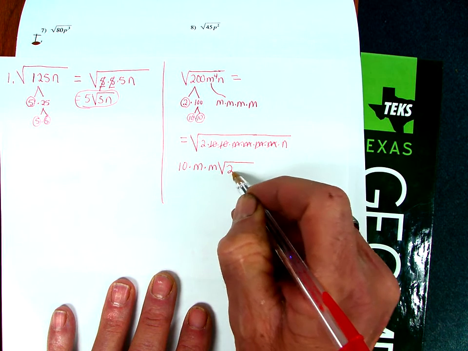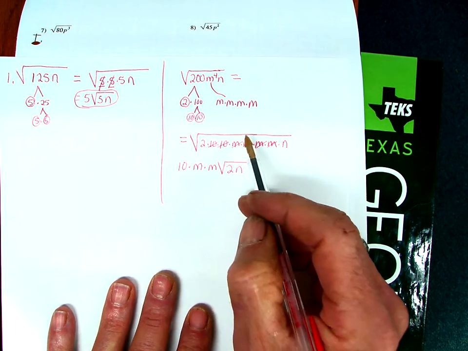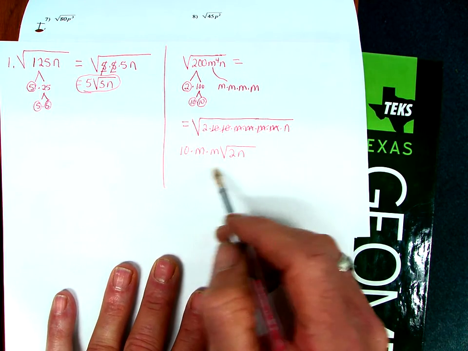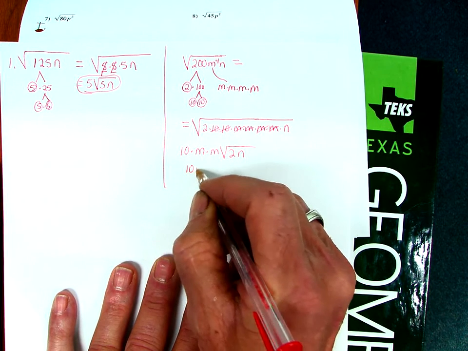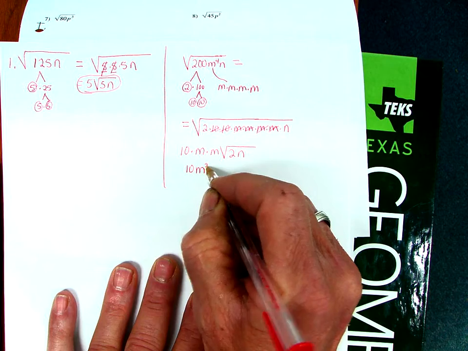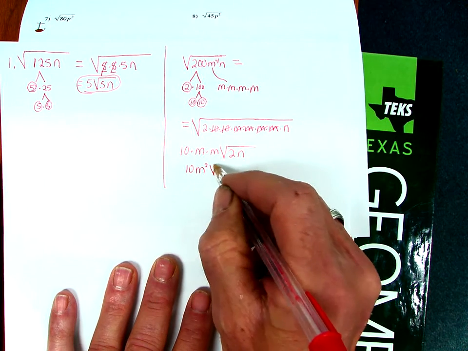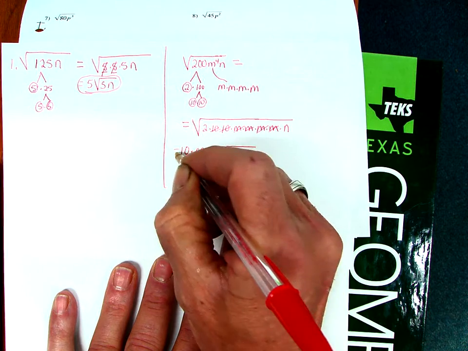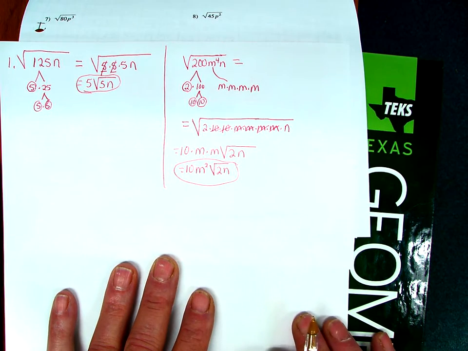So we write down everything that's left on the inside of this radical. And now we can clean this up. Alright, so we have 10 times m to the 2nd power, because it's m times m. Square root 2n. That's it. That's the entire answer.